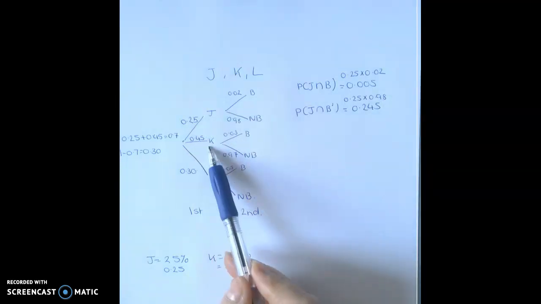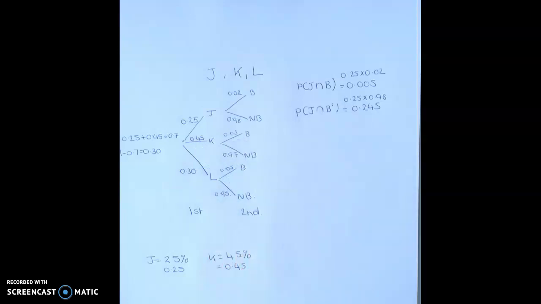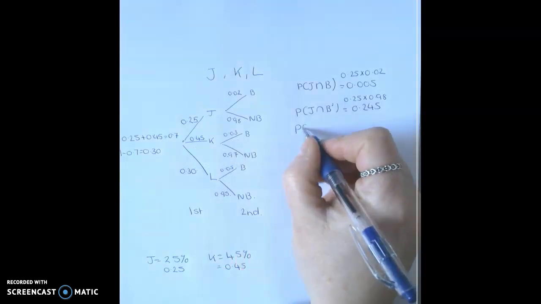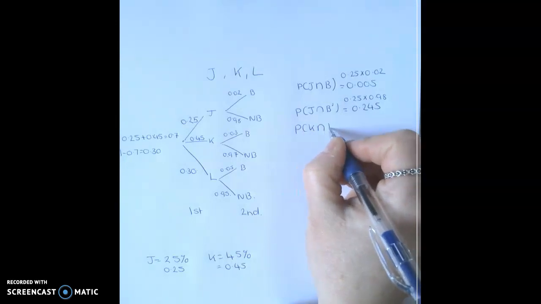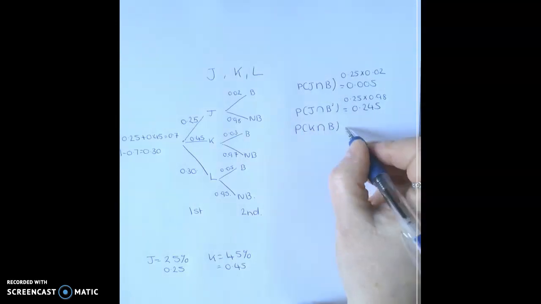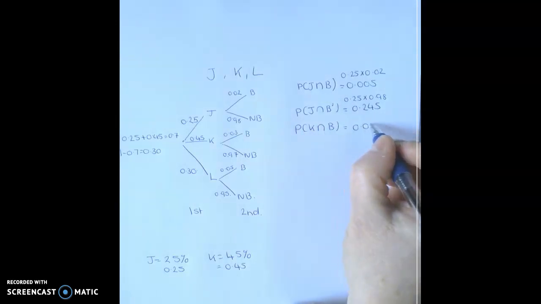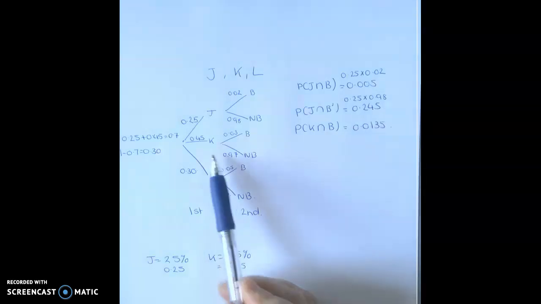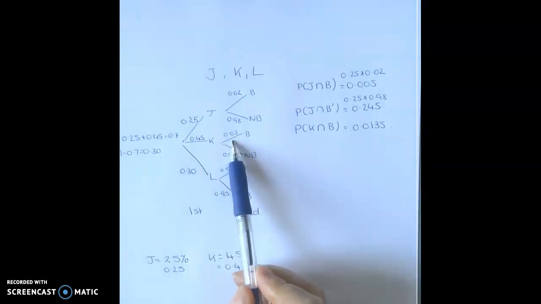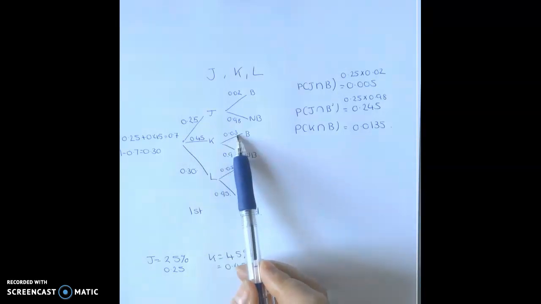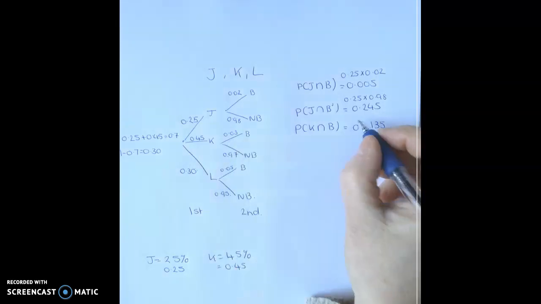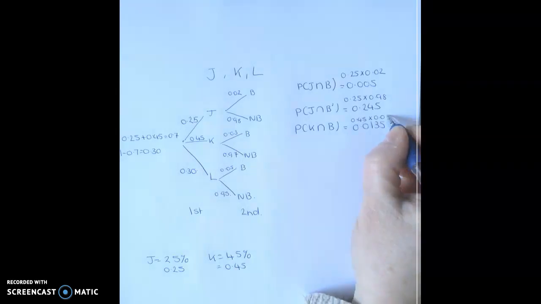And the same with K. So what's the probability we pick machine K and the biscuit is broken? Well, that equals 0.0135, getting quite small numbers here. And that's because it's 0.45 times 0.03.